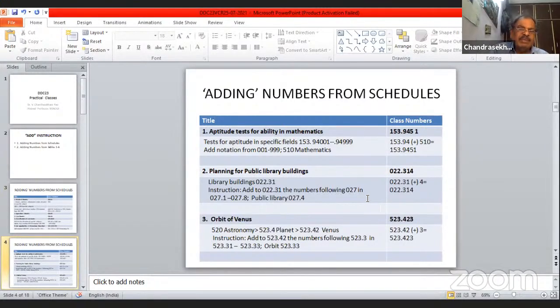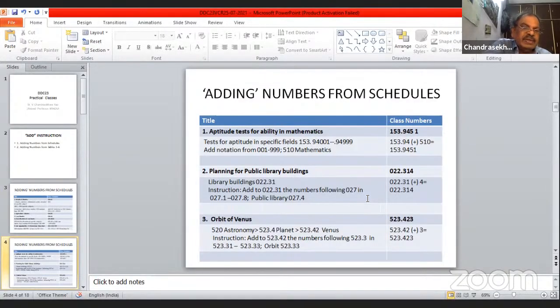A part of the number you have to add, not the full number. So library buildings 022.31. Here the instruction is add to 022.31 the numbers following 027 in 027.1 to 027.8.